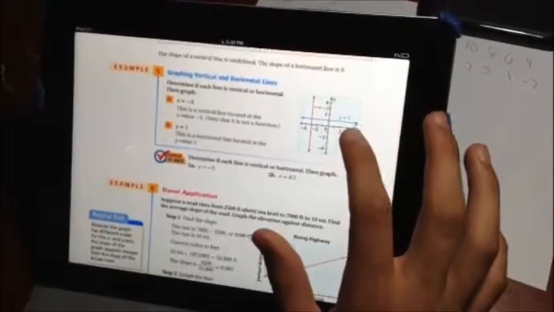As you can see here, example 5a, you have x equals -3. So here you grab the point and you can see that the line is vertical. And then in example 5b, you can see that y equals 1, so you go up 1, you grab the line and the line will be horizontal.